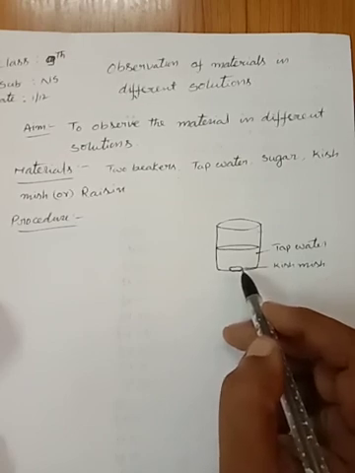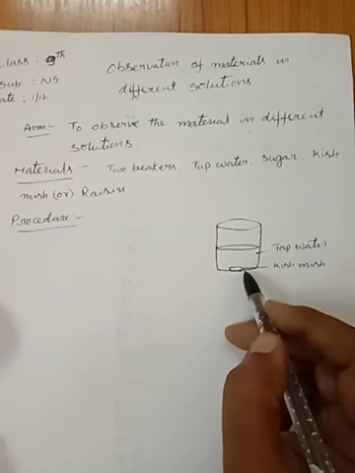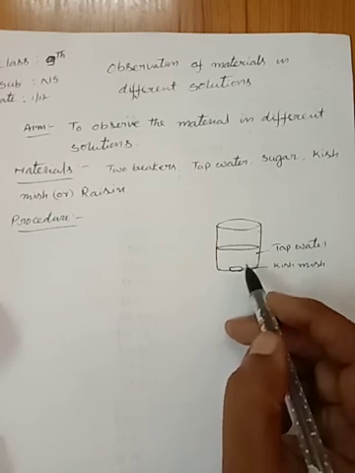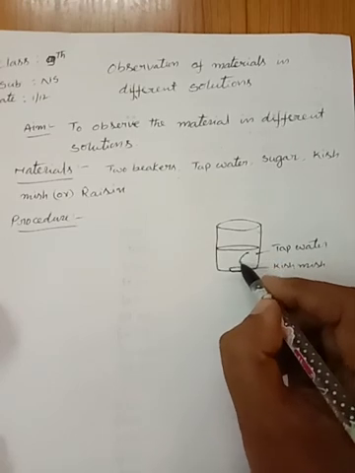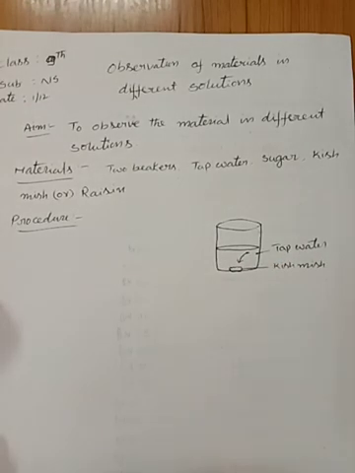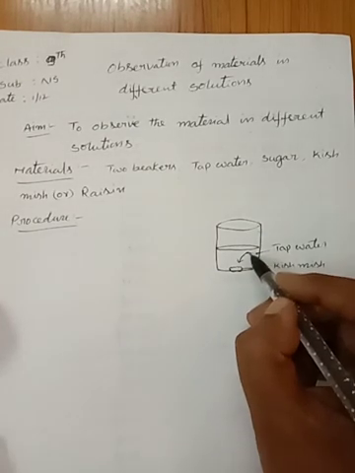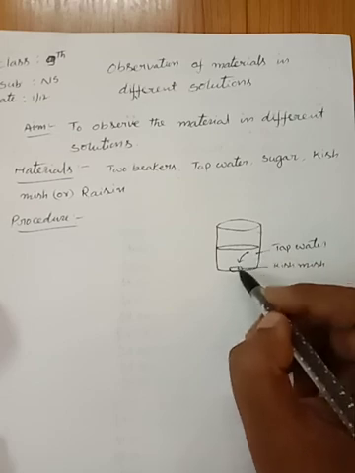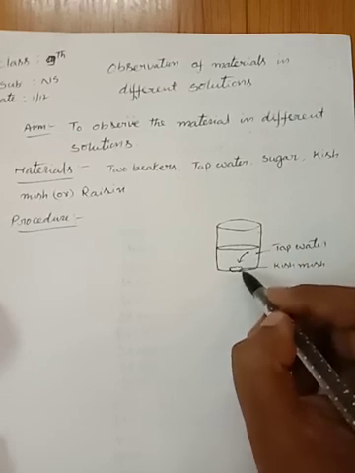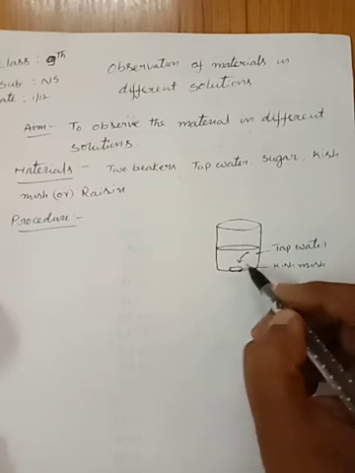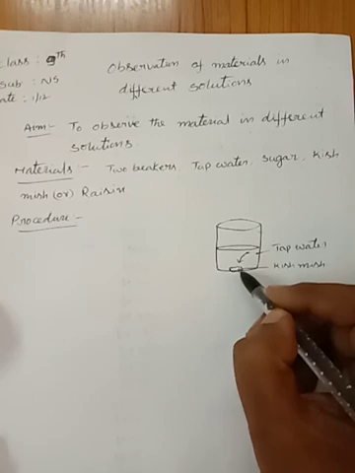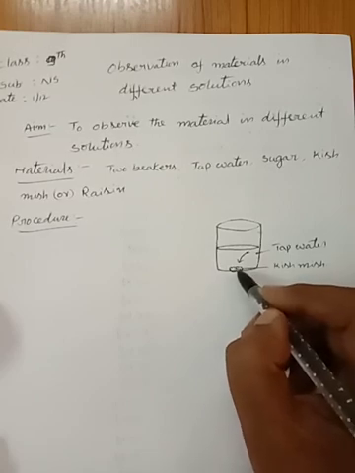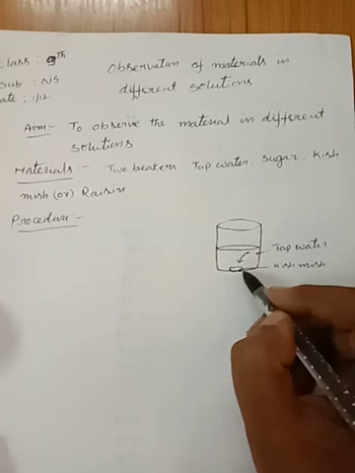What we observe: the kismis kept in the water bulges or swells because of the entry of tap water into the kismis. Because in tap water, the concentration of solute is low, and in kismis, the concentration is high. So water molecules enter into the kismis through the kismis membrane.